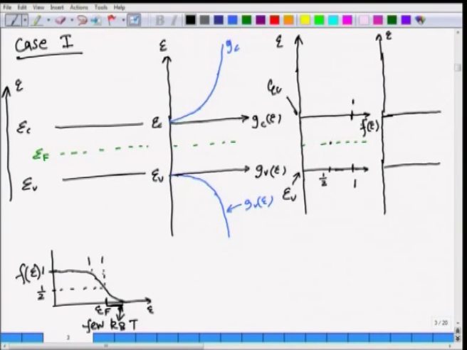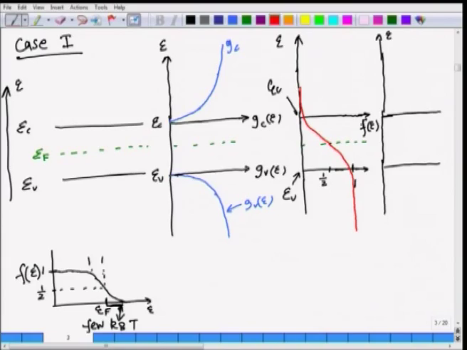So, let us use this red to plot f of E. It goes something like this. I have accelerated this picture, but I am plotting the same function: for all energies less than EF, this function tends to 1, and then it falls off.